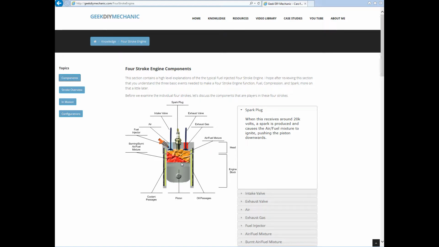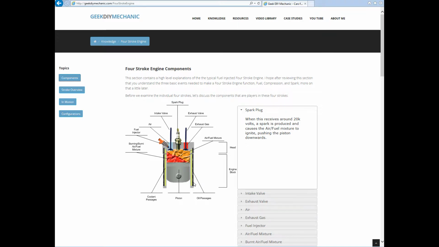One last thing I'd like to add is around each cylinder are passages, coolant passages, that help draw the heat out of the cylinder and take it to the radiator where it's dissipated, and coolant is brought in to help keep this block and head at a very good operating temperature.